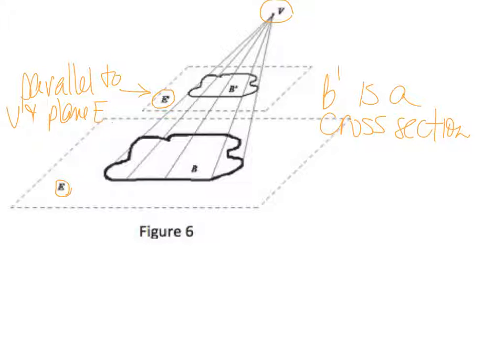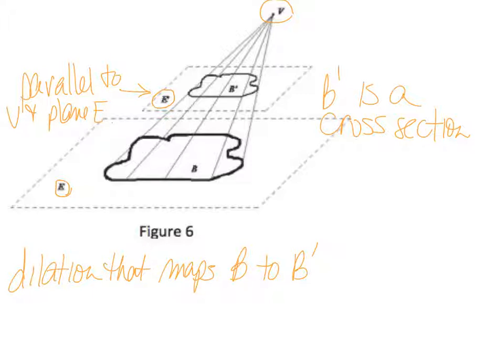So we can show the existence of a dilation. Here we have a dilation that maps B to B prime. It's a similarity transformation, remember?